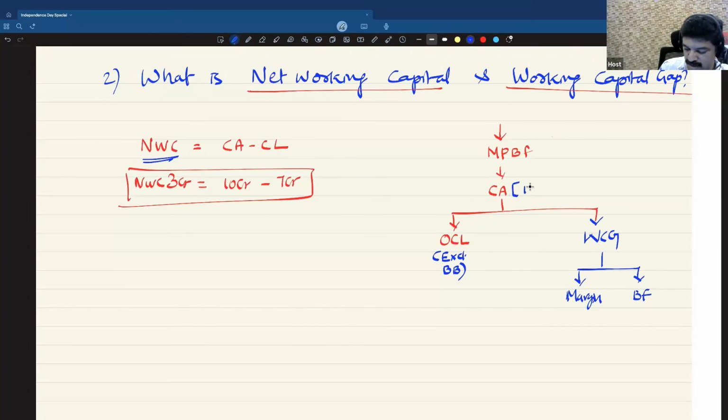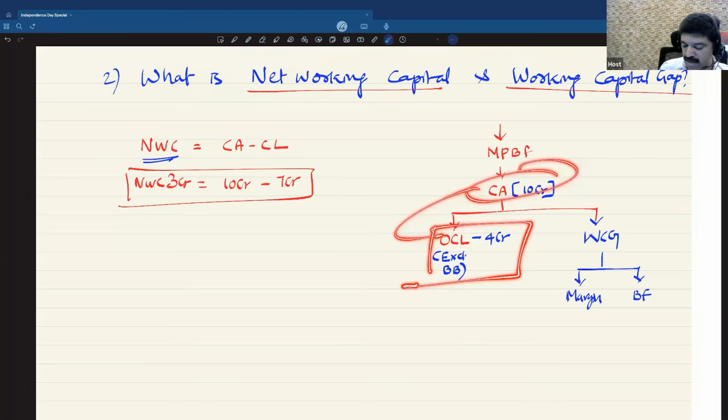If I put some numbers, it will make it even clearer. Let's say the estimated current asset is 10 crore and other current liability is around 4 crore. It means this 10 crore has already been funded or will be funded by other current liability of 4 crore. What will be the pending asset requiring funding? It is this 6 crore.